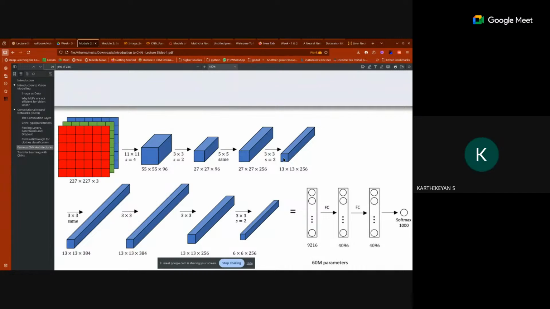Then it should be only one channel at the end, right? How does it become more? It is based upon the number of filters. If you are using 5 filters, you will have the same spatial size but a depth of 5. So the number of filters will affect the output size, even if it is a 1 cross 1 convolution.